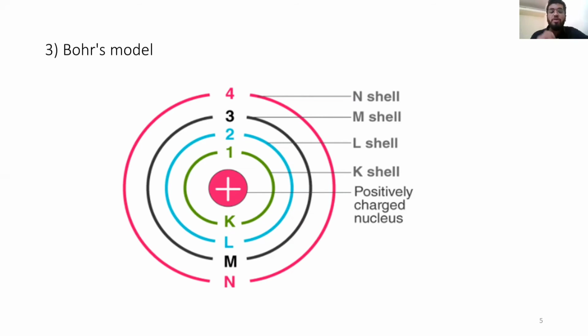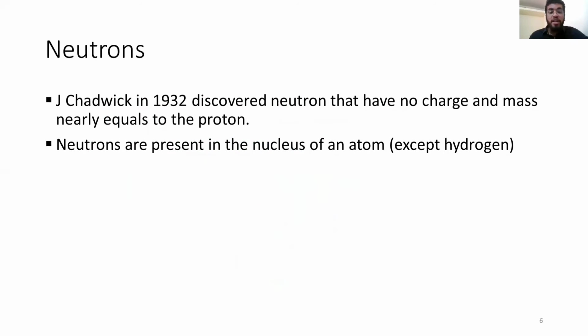They are named 1, 2, 3, 4 or K, L, M, N respectively. And later J. Chadwick discovered a neutrally charged particle called the neutron. The neutron has mass equal to a proton and is located in the nucleus of the atom. All good.